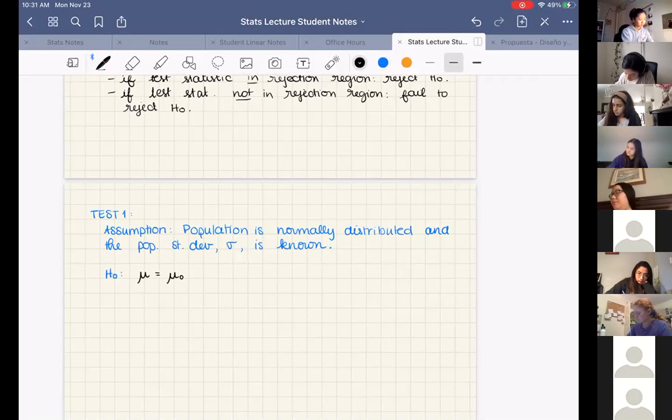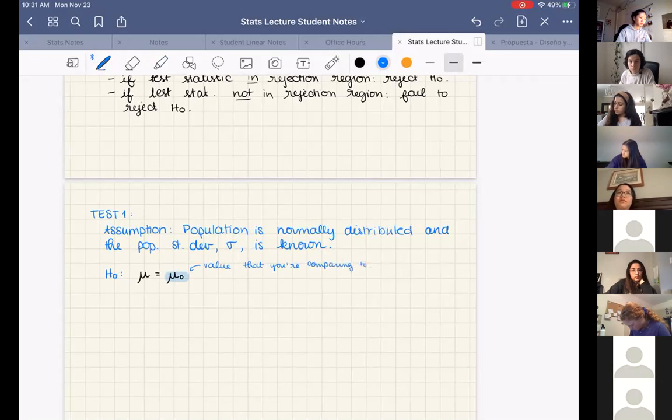Okay, so I'm going to call it mu0, but this is just essentially the value that you're comparing to. For example, before our null hypothesis was mu is equal to 177, right? So that's the value that you're comparing to.